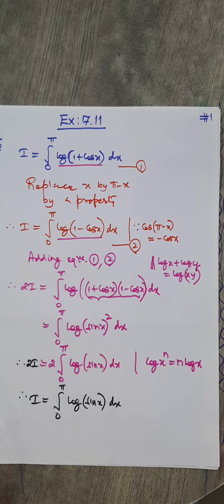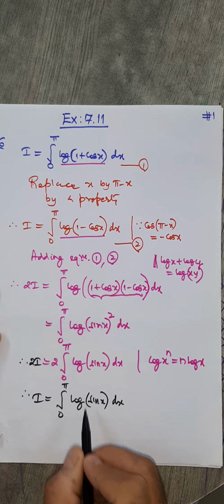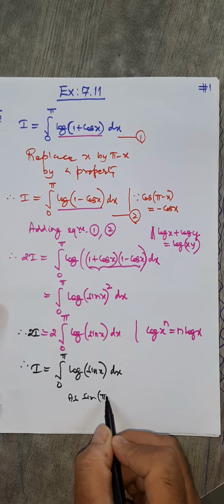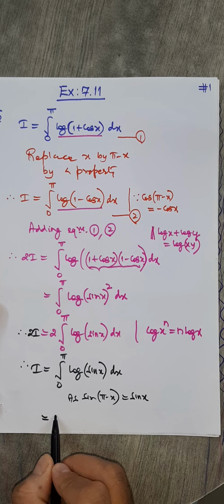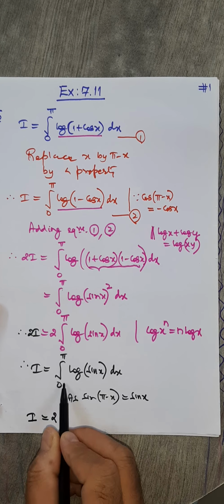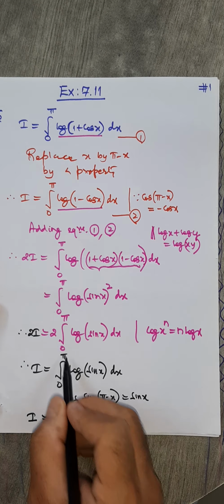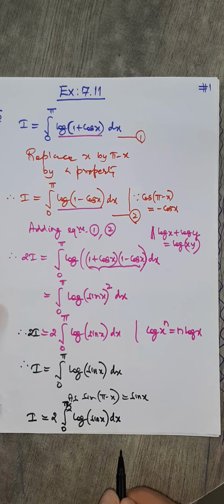Now to continue, you need to recall one of the important properties. Since sine of pi minus x is sine x because of the second quadrant, according to that property this will be twice integral 0 to pi by 2, the limit will be half, and the function as it is, log of sine x dx.